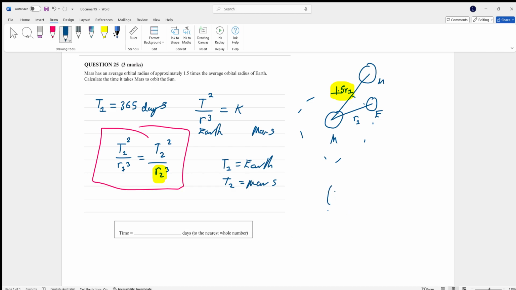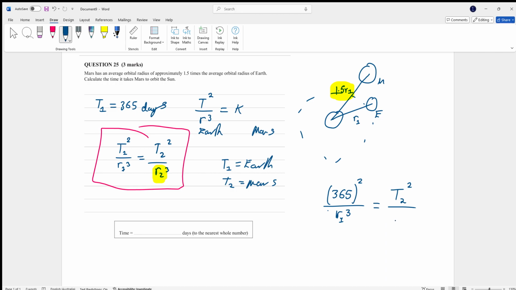So here T1 is 365, so 365 squared over the orbital radius of the Earth, we'll just keep it as R1 cubed, equals the time it takes to orbit around the Sun from Mars, which is still T2 squared.